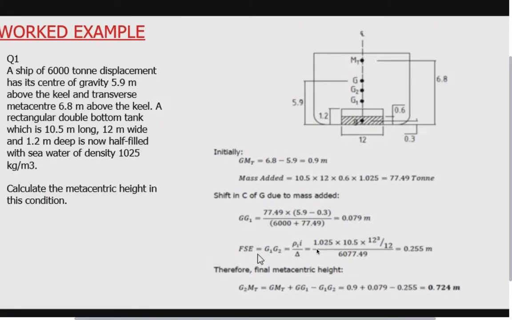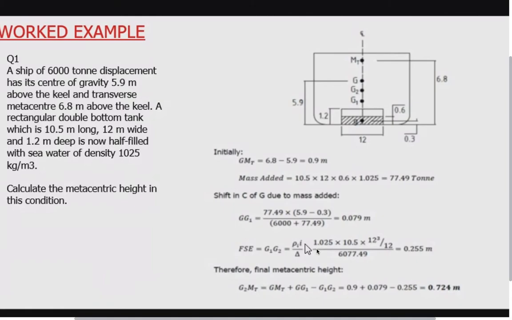All right. So we have the free surface effect. It's equal to J1, J2. And we said that the free surface effect was the density of the fluid times the second moment of inertia, all over the mass displacement.